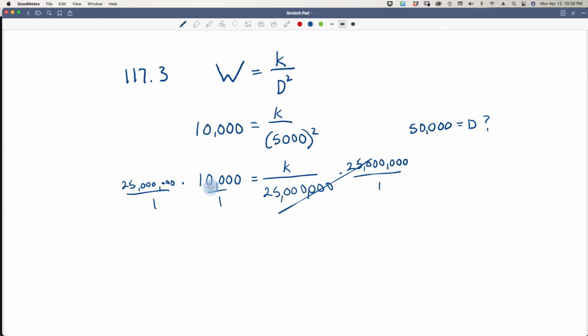So we're going to add 5 zeros to that. So that's 25 with 10 zeros. That equals K. Good Lord, that's a big number. 250 billion is our number here.